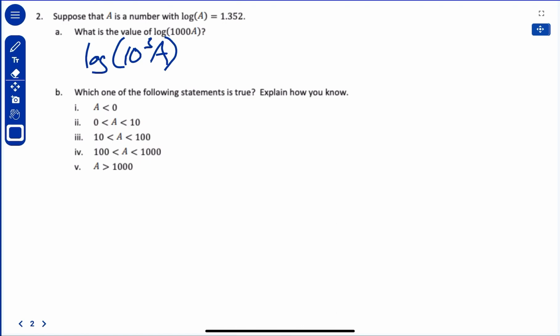Well, log A is that. And we know that A has to equal what? We don't know what A is, but we know what A equals. What does A equal?